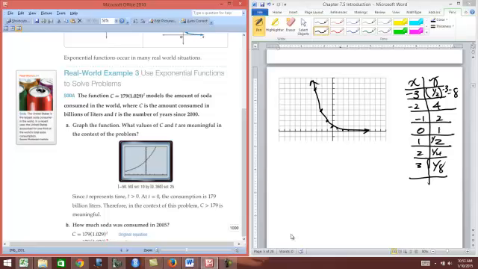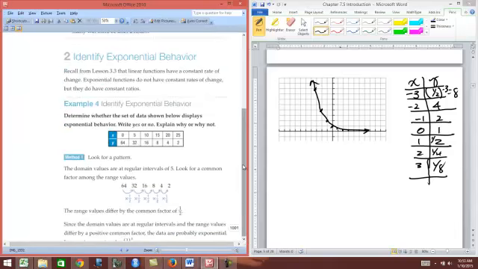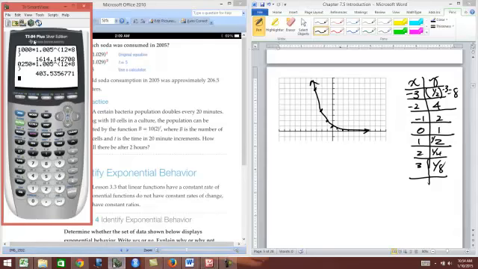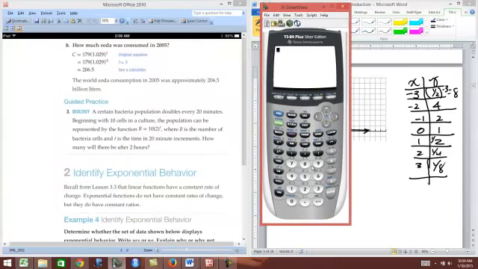So how much soda was consumed in 2005? That'll be part B. Well, you plug in 5 for t: 179 times 1.029 to the 5. Now let's go over how you do that on the calculator. 179 times 1.029, and then the up arrow, that's the exponent, and then 5.